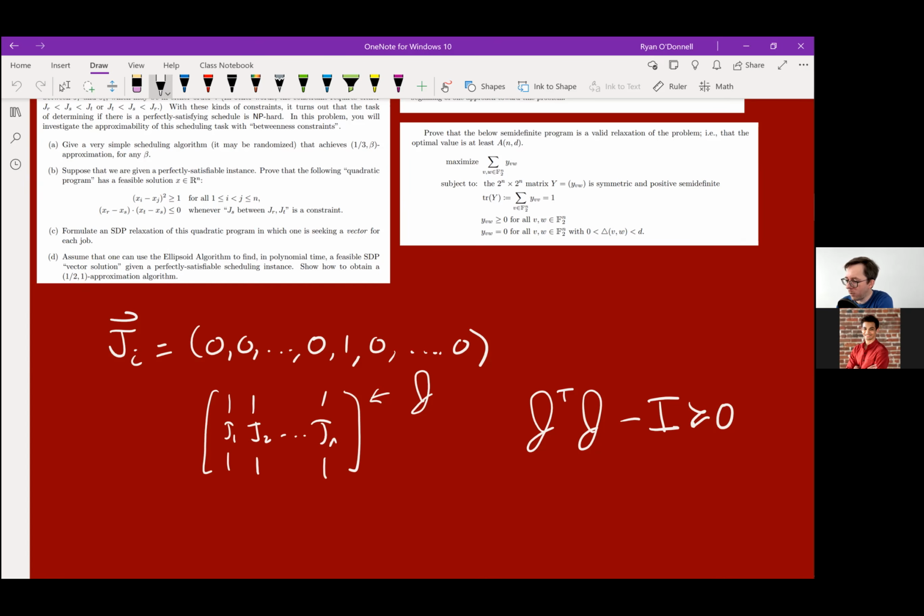Well, this could be good, although it might not be answering the question directly as asked, which is to formulate an SDP relaxation of this quadratic program. So it could be fine.